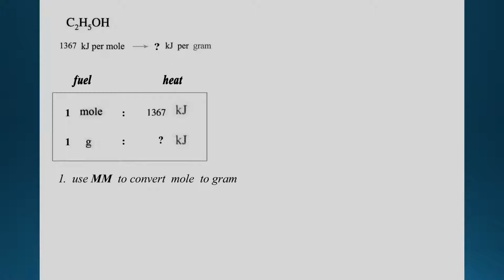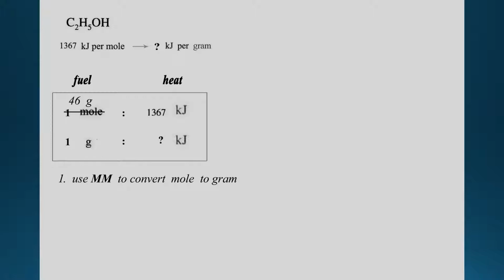Step 1: use the molar mass to convert the mole to gram. You need to know the molecular formula, C2H5OH, so pull up the periodic table and add it up to convert the mole into gram unit.